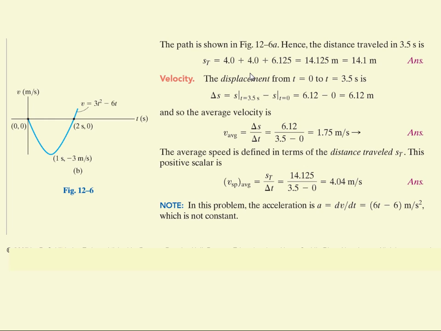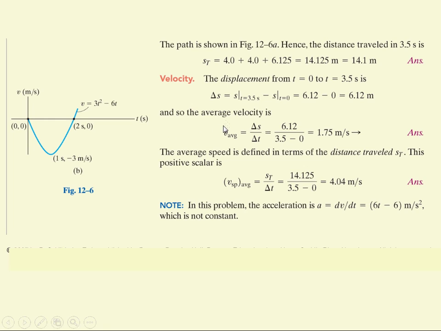So we will have that the total distance is 4 plus 4 plus 6.125, and the velocity would be ds/dt. In this case, we go from t equals 0 to 3.5.